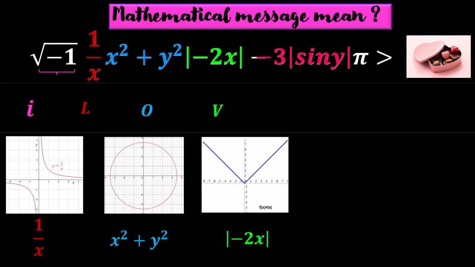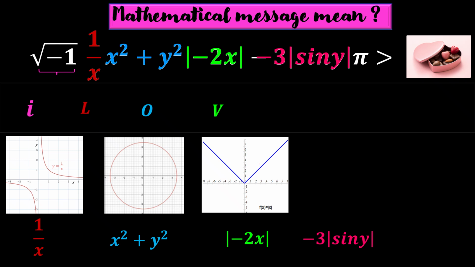Next, it is minus 3 times the absolute value of sine y. So here, if we can now focus only on the absolute value of sine y, it takes the output of the sine function and makes it positive. So the sine function normally oscillates between minus 1 and 1.